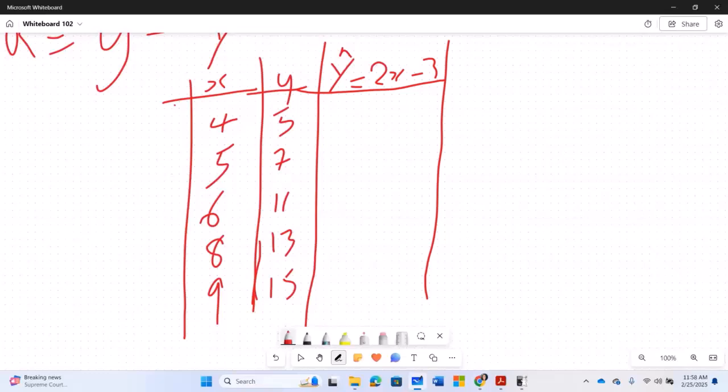Now what I want to do is substitute for each. Let's call this f of x. I'm going to substitute f of 4 here.